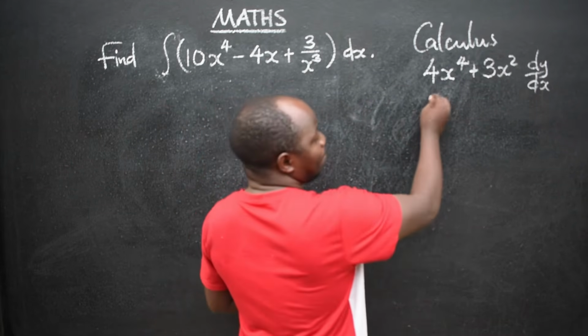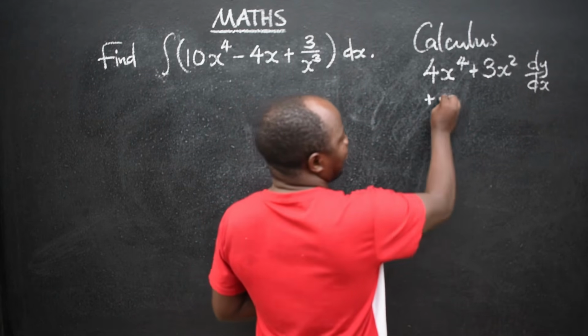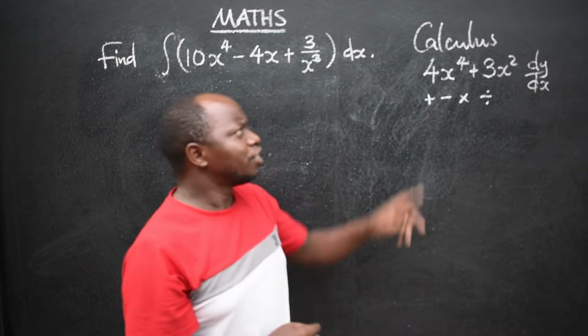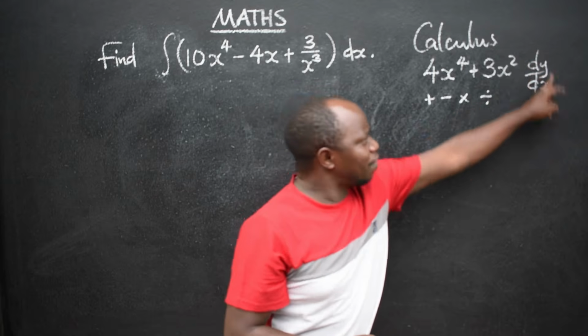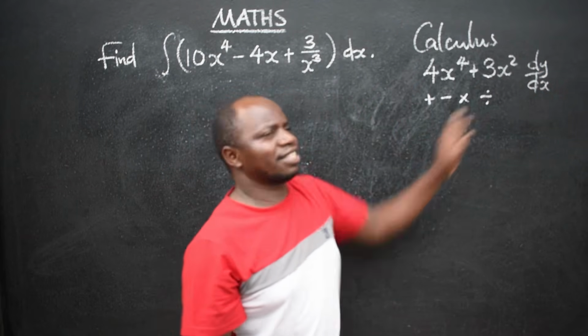So, there are four signs that we consider when you're dealing with these two. Remember, we have plus, we have minus, we have multiplication, we have division. Differential calculus takes two, integral calculus takes the other two.